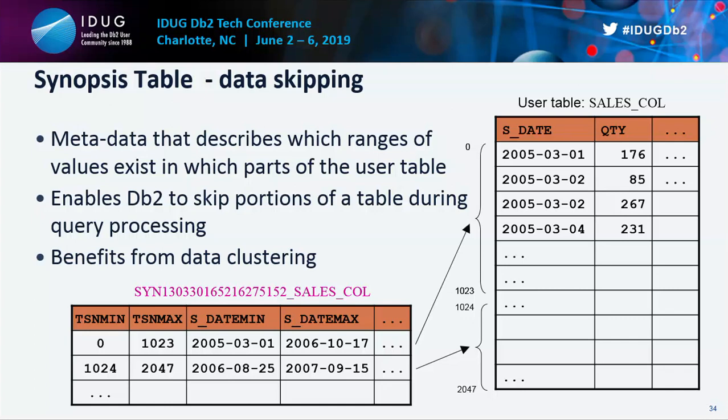So in the first 1024 TSNs in the table, the dates go from 2005 to 2006, right?